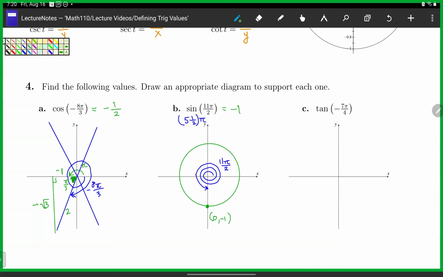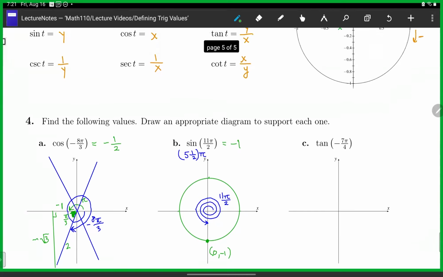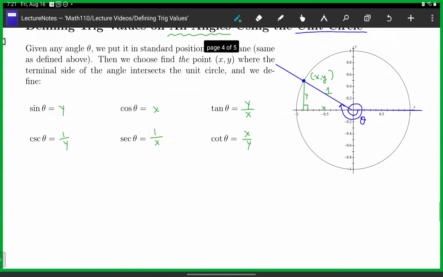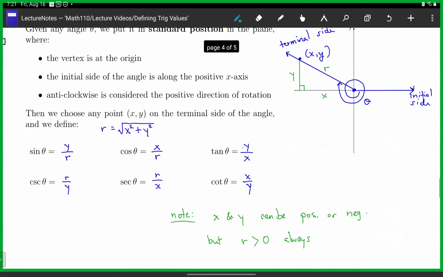So this is one place where, when you get things that are kind of degenerate, not triangles, specifically on these compass points, the places where the unit circle intersects the axes, then you're not going to be able to use the SOHCAHTOA. But remember that all of these other definitions are kind of based off of the SOHCAHTOA, and so all of these work too. And in fact, even here, right?